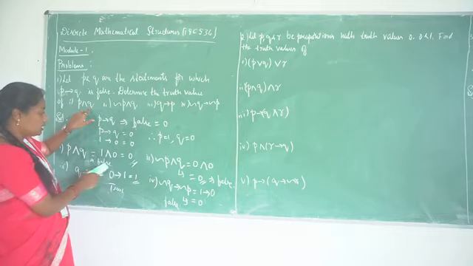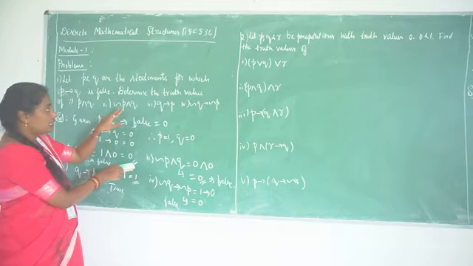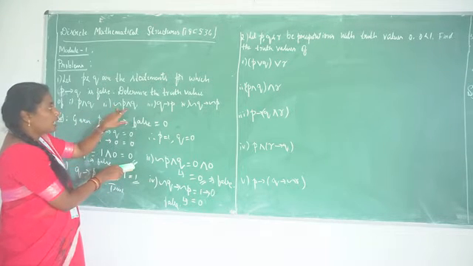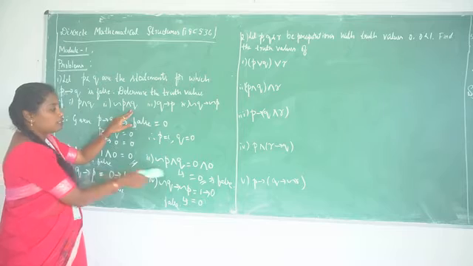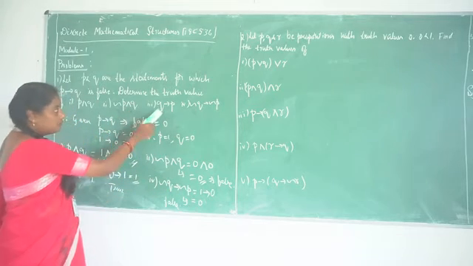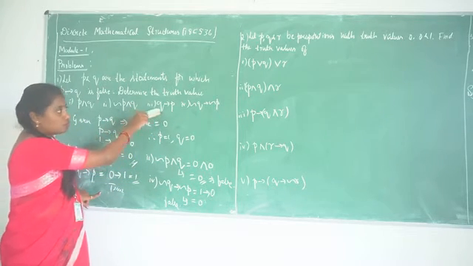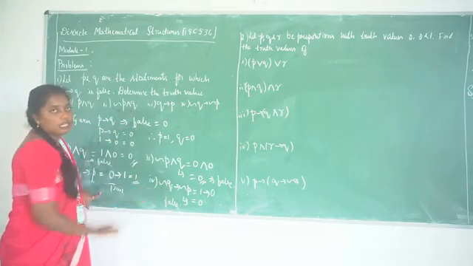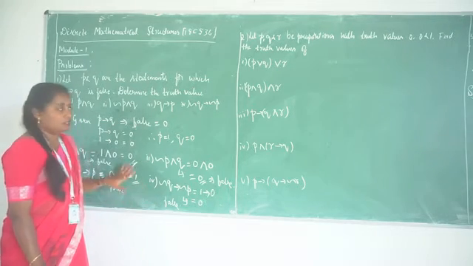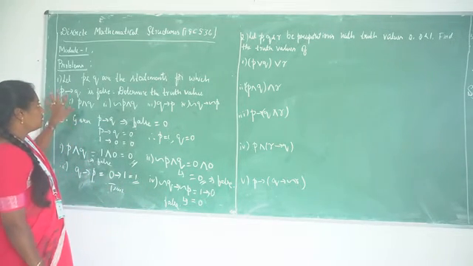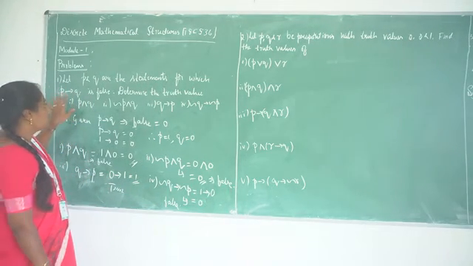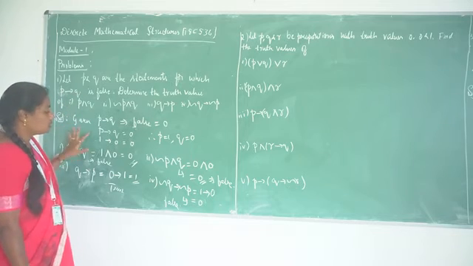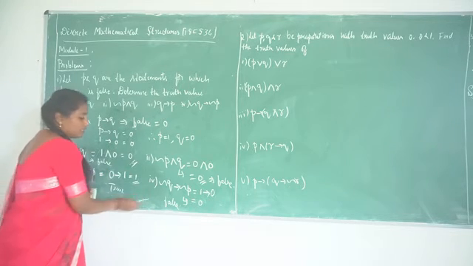P and Q is false, not P and Q is false, if Q then P is true, and if not Q then not P is false. So these are the results when the conditional proposition P implies Q is false. These are the required results.